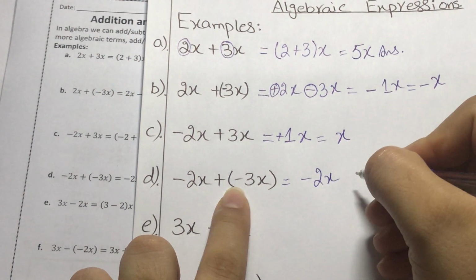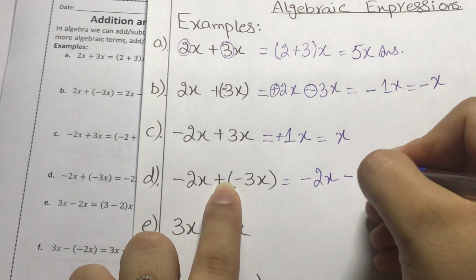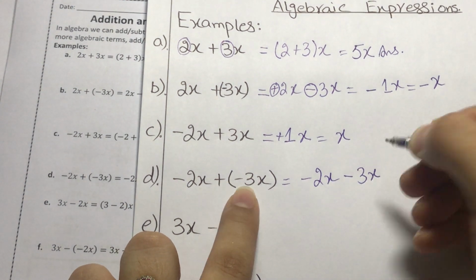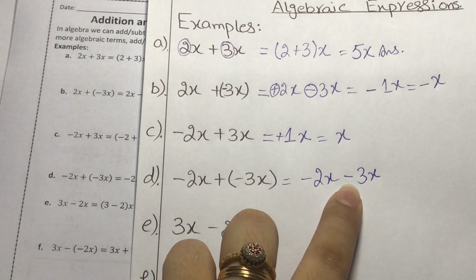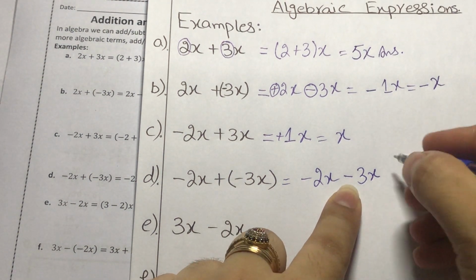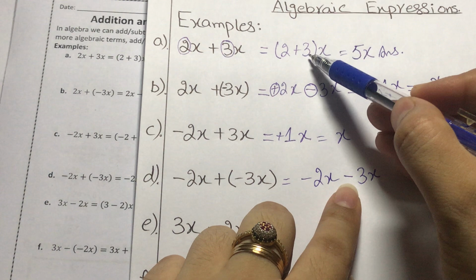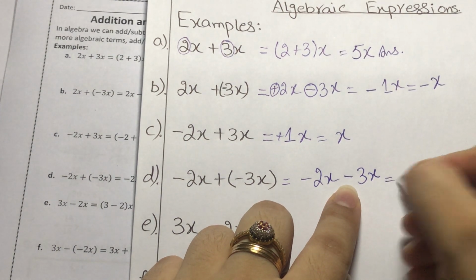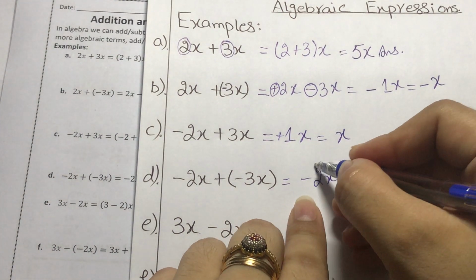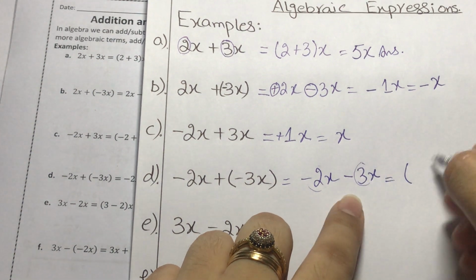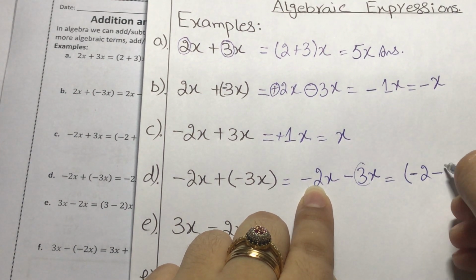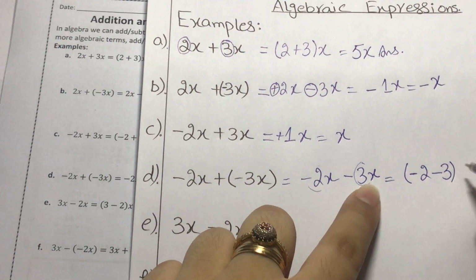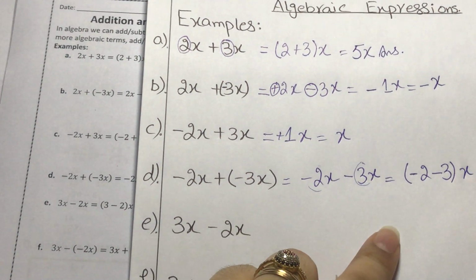Negative 2x plus minus minus 3x. Bracket means multiply, and plus minus minus, right? You can directly solve, or you can follow this method. Combine your coefficients, and your coefficients are negative 2 and negative 3, and keep your variable.